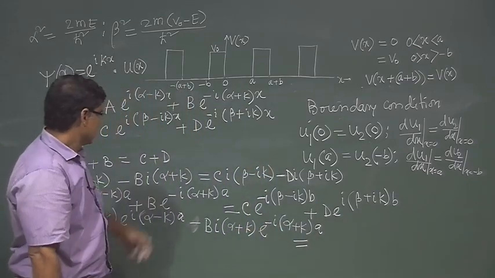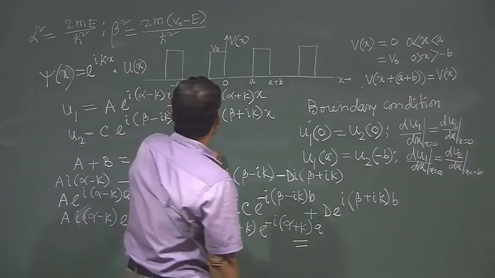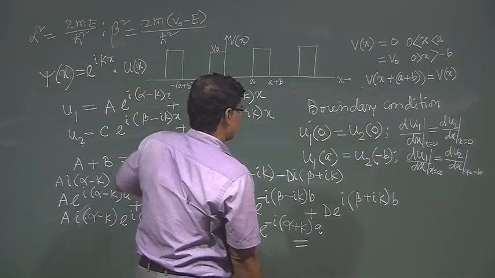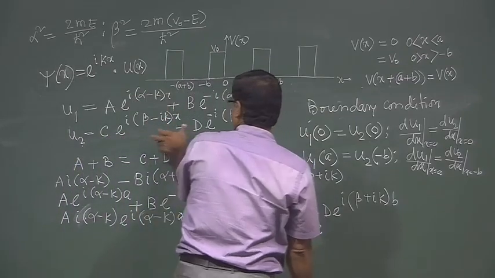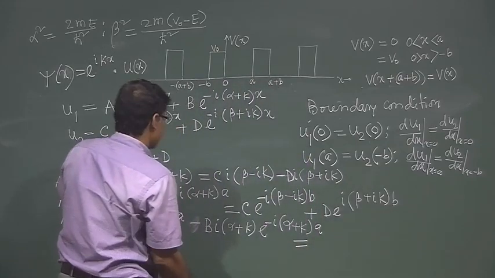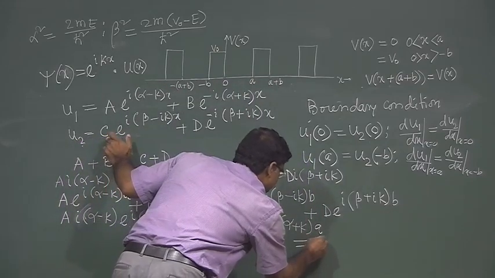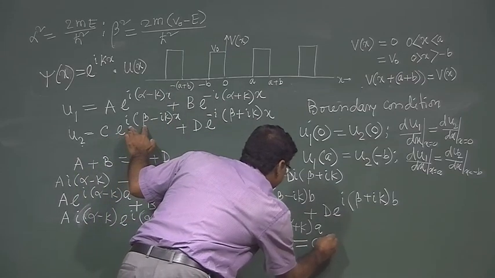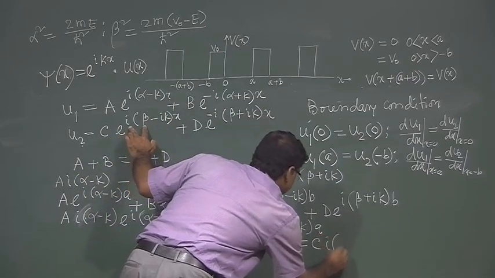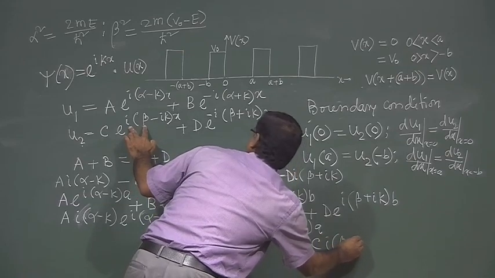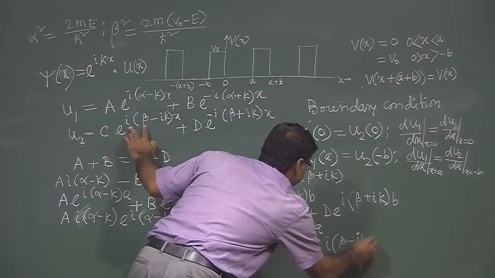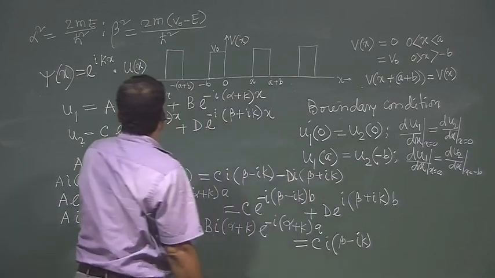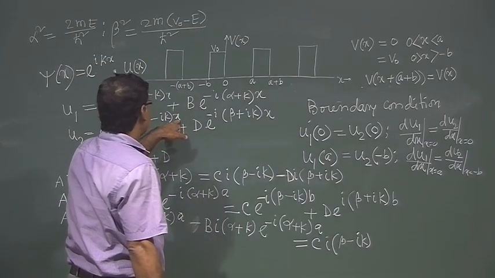equal to, for c, same thing I have to do for this side. So, differentiate it. So, it will be c i(beta minus i k). Now, x equal to minus b.